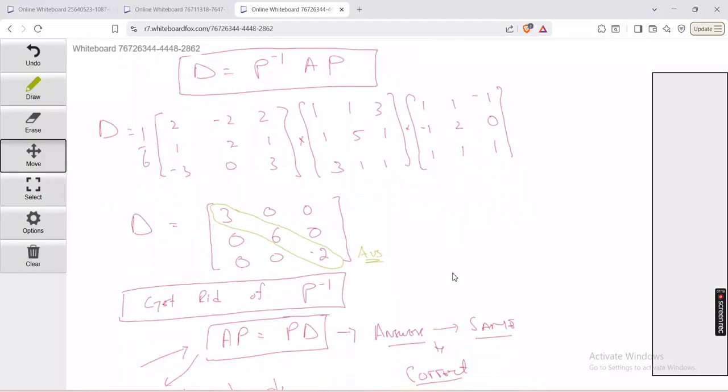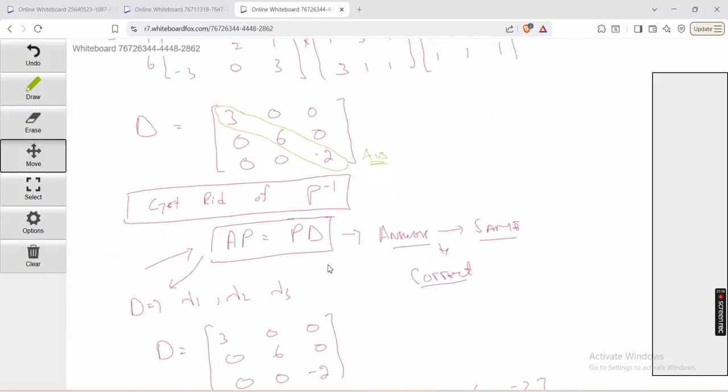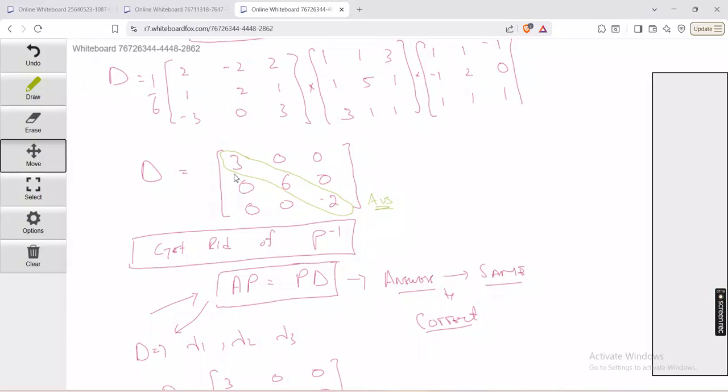And then if you want to get rid of this P inverse, then use the other formula. And your D matrix will be the values you get from the lambdas, because if you're solving another example, don't get confused about where is my D matrix. Your D matrix will be your lambda values, lambda 1, lambda 2, lambda 3. So these will be your values for the D matrix.